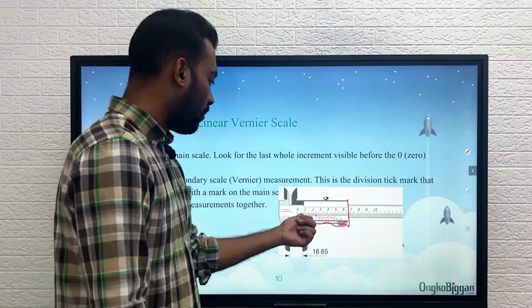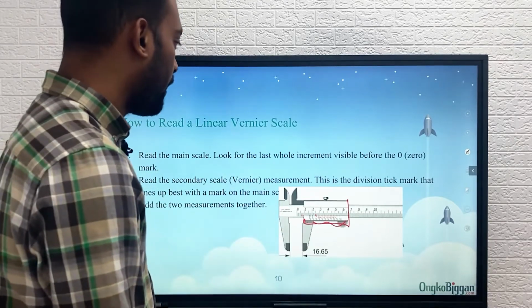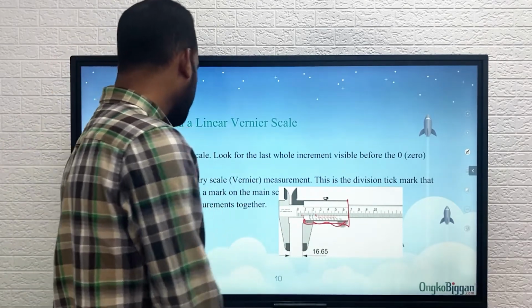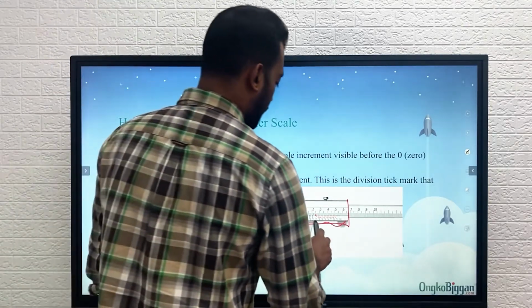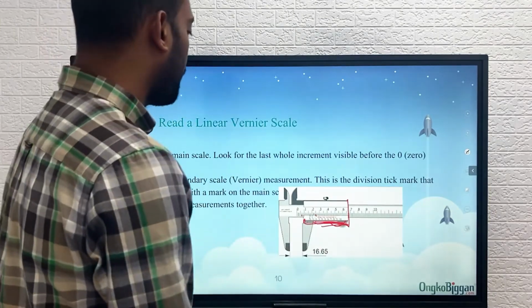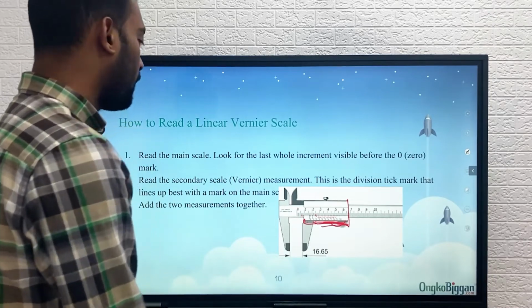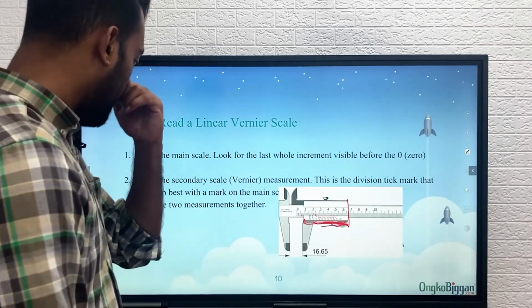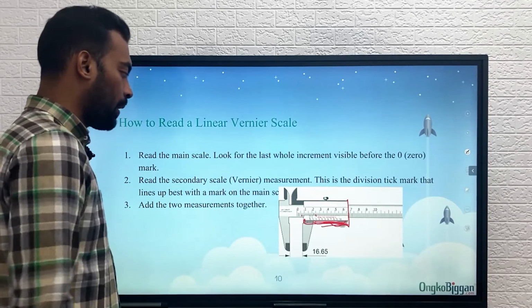Before it hits 0, look at the increment that has happened. Then read the secondary scale. Secondary scale means Vernier scale. This is the secondary or Vernier scale. Look for the division tick mark that lines up best with a mark on the main scale. And add the two measurements together.